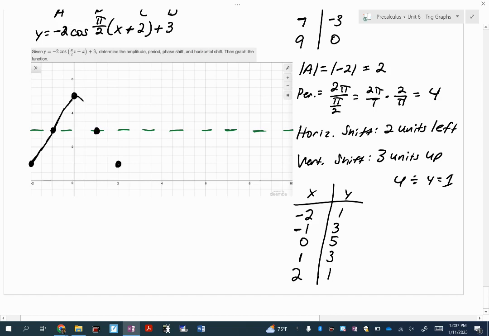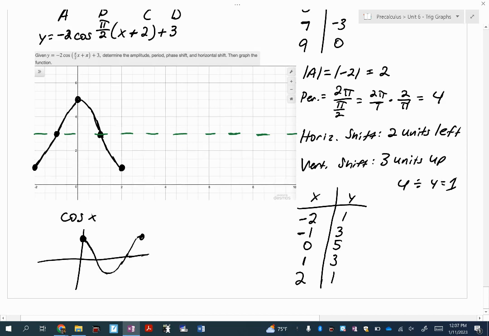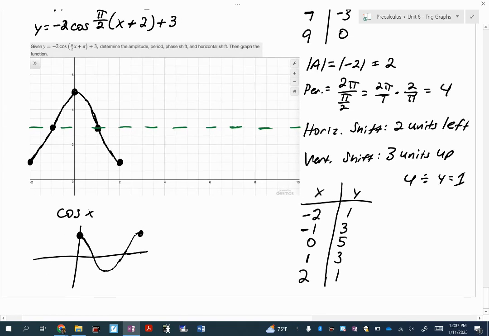So you notice the period is a little bit different, right? Because it is a whole number, right? But remember, when we did cosine for the very first time, cosine started at 0, 1. It went down, and then it went back up, like this. This is what cosine looks like. So if you look at what we graphed, you're like, whoa, that doesn't look like it. But that's because it's been reflected.